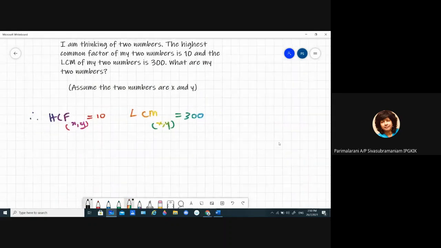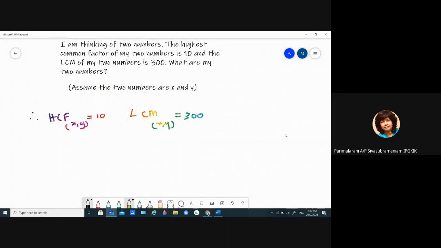So how are we going to find the two numbers? Can you try first and then let me know what are the two numbers? I give you a few minutes to try.